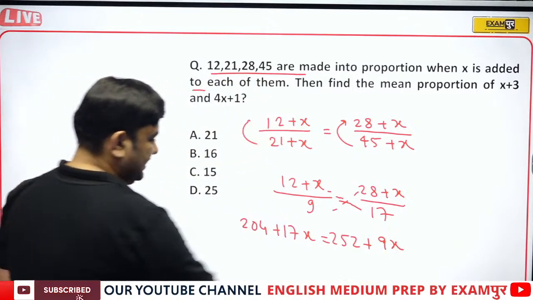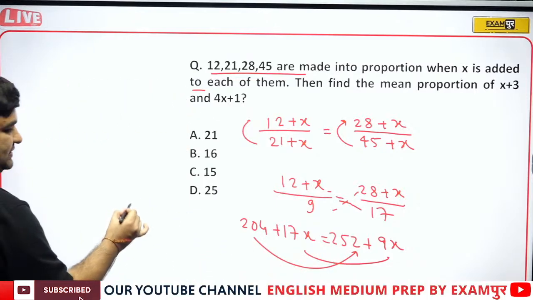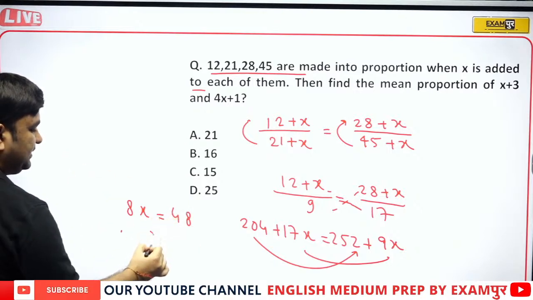Take it over here and take it over there. So 8x is equal to 48, x is 6.